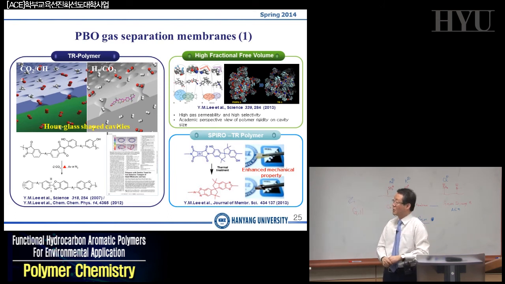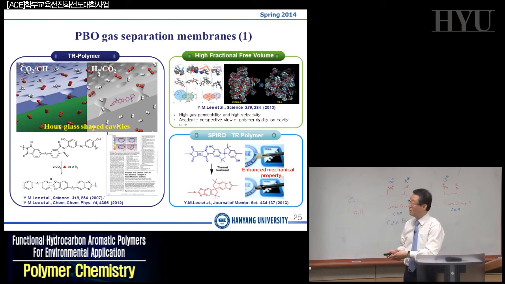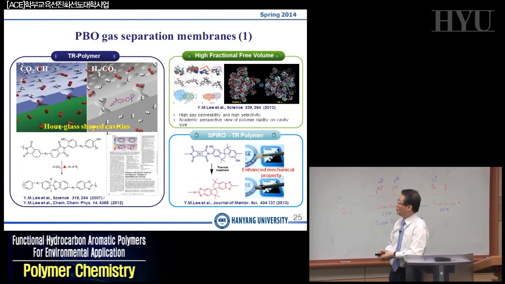So we were successful in getting a very high productivity from those polymers, and it was published online yesterday, and will be published in May 27, which is next week or the week after next week. Anyway, at the end of this month, it will be published.